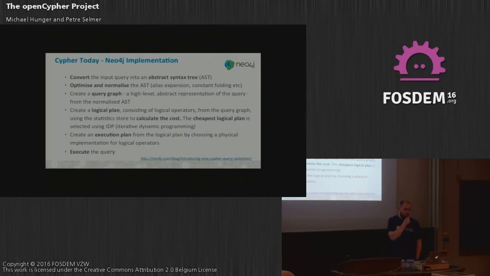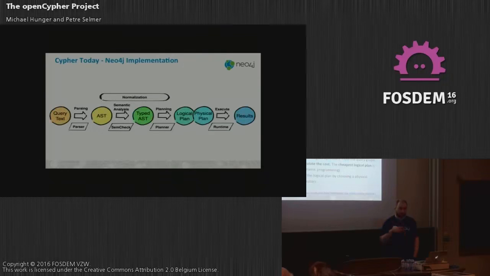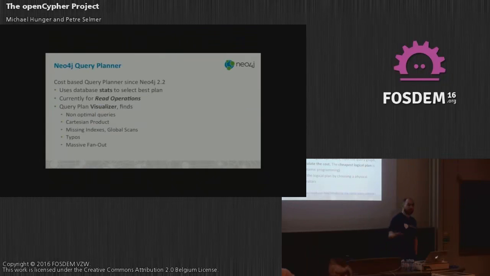We used to do a greedy optimizer before, which had the problem that it ran into local minima, and then you had suboptimal query plans. This is much more exhaustive in terms of planning the query. So it creates a logical query plan, and then we create a physical execution plan, which turns this query plan into actual operators that execute on the database. And then we run it.